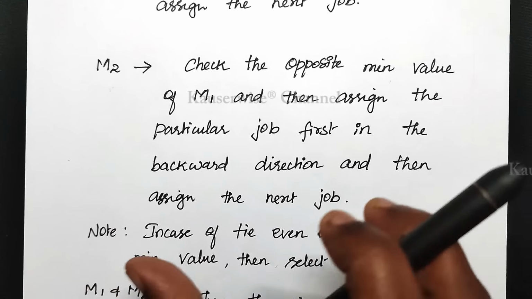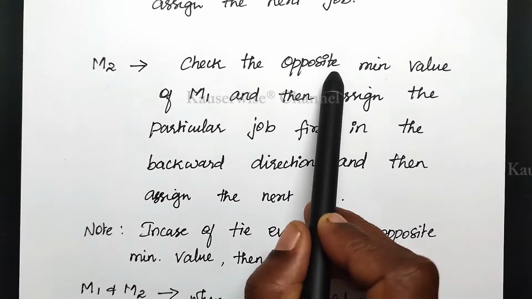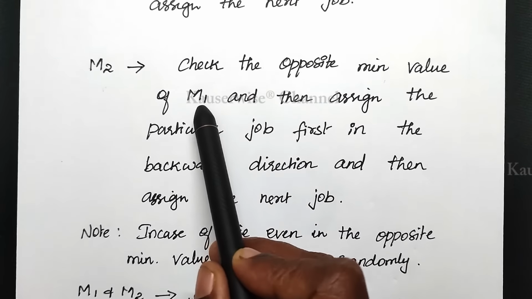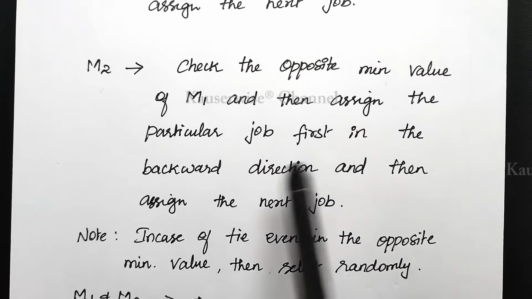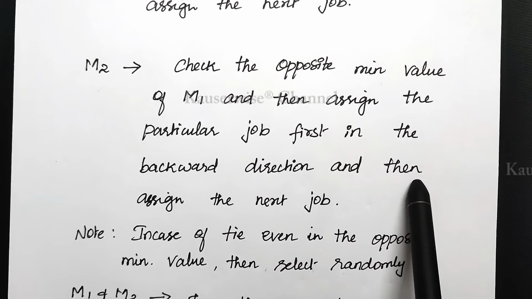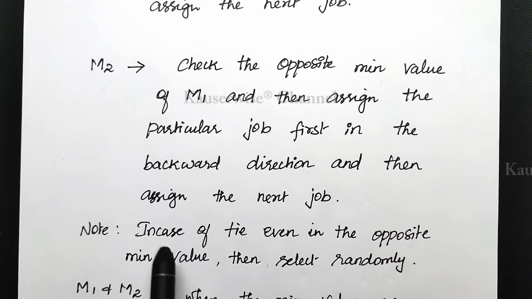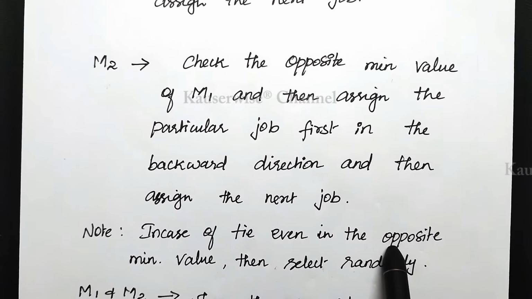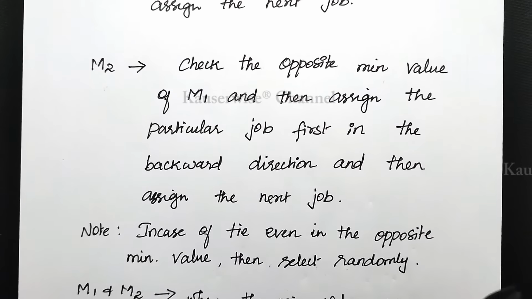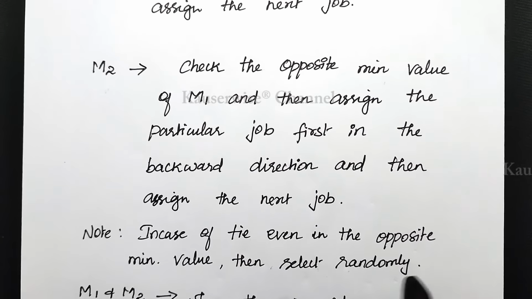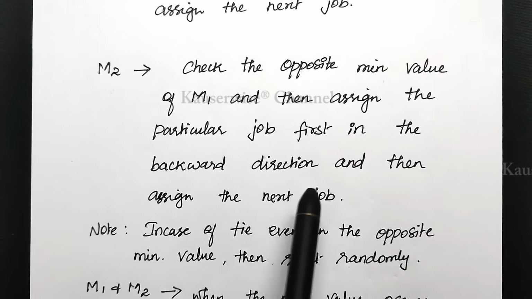If machine B has the same minimum value, then we need to check the opposite minimum value of machine 1, and then assign the particular job first in the backward direction and then assign the next job. Important note: in case of a tie, even in the opposite minimum value, then select randomly. That is, we need to select the job randomly and assign them in the backward direction for machine B.